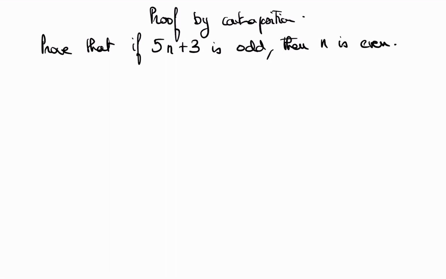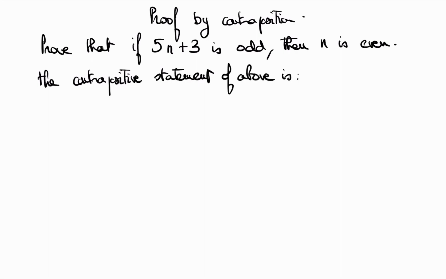Well, the contrapositive statement of above is: if n is odd, then 5n plus 3 is even.